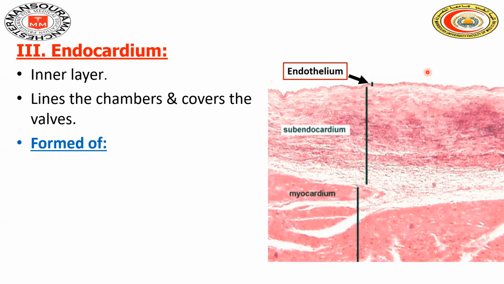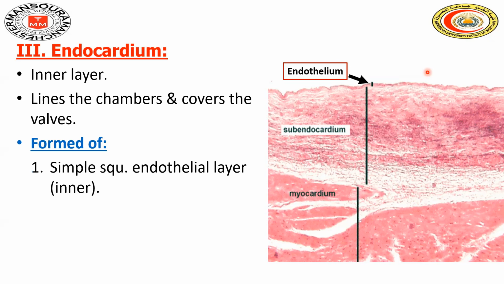Microscopically, endocardium is formed of a simple squamous endothelial layer. The first layer of the endocardium is similar to what we mentioned in the first layer of epicardium. Both are lined or covered by a layer of flat cells with flat nuclei, simple squamous epithelium. So the first layer of the endocardium in direct contact with the blood is simple squamous epithelium.